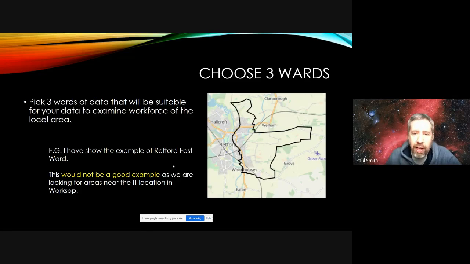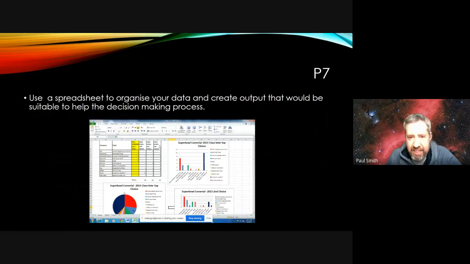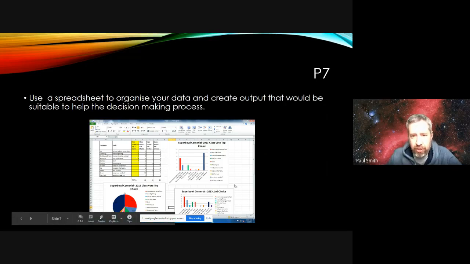So once you've examined your data, you can then make it into charts. Now you will be able to download spreadsheets directly from this website, so you'll have a lot of data. It will be more about organizing and managing your data, so making charts and stuff.